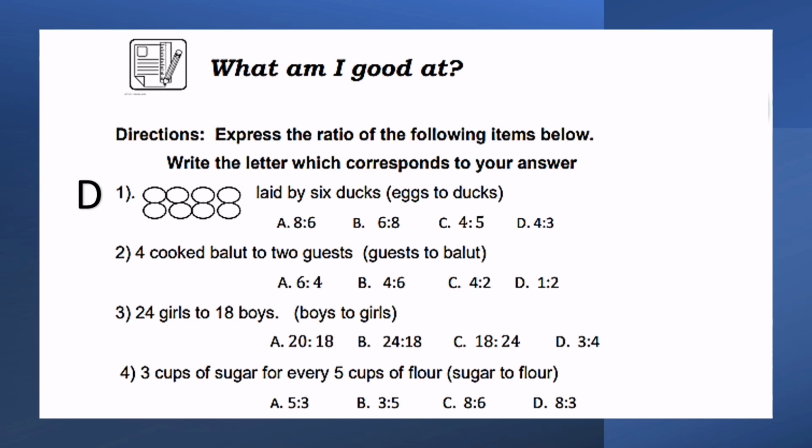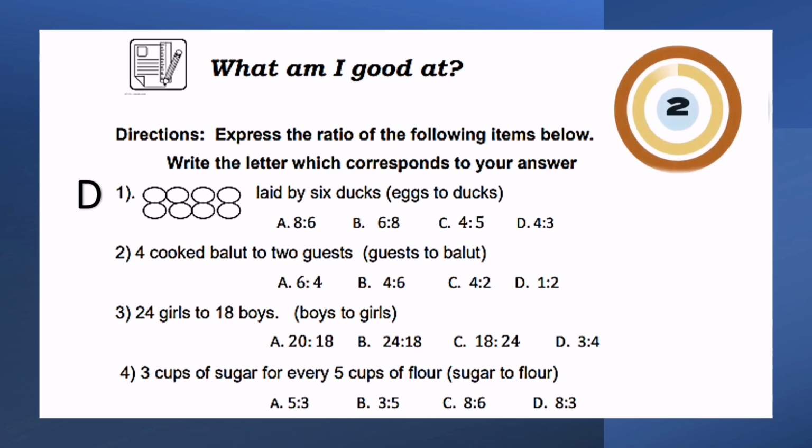Number 2, 4 cooked balut to 2 guests. Guests to balut. Timer starts now. And the answer in number 2 is letter D, 1:2.